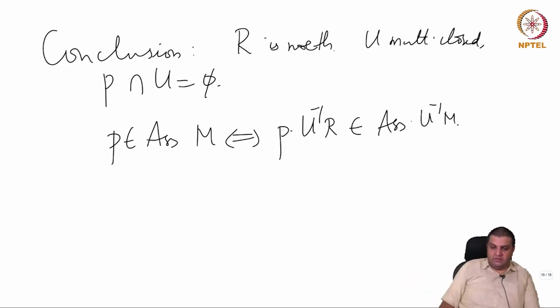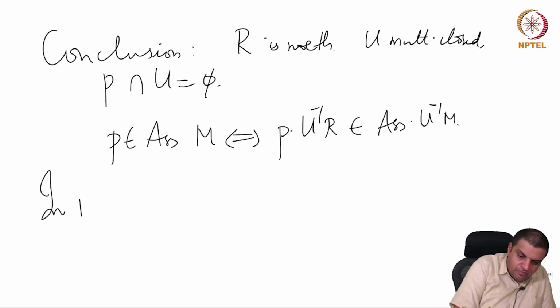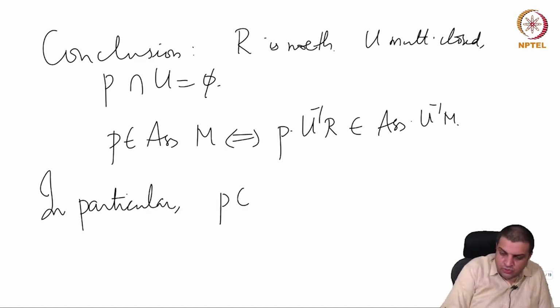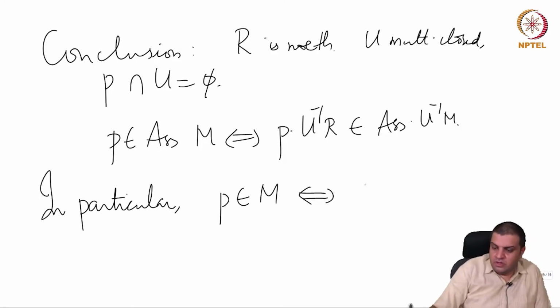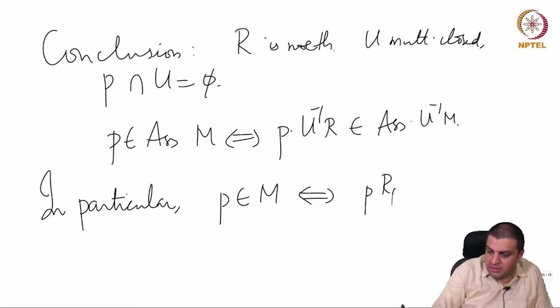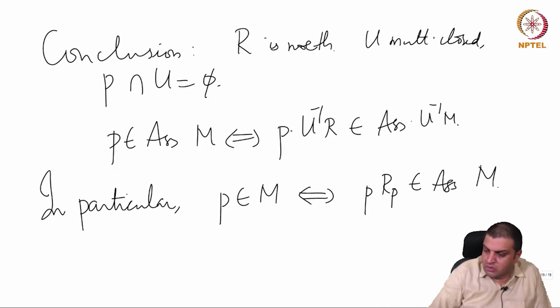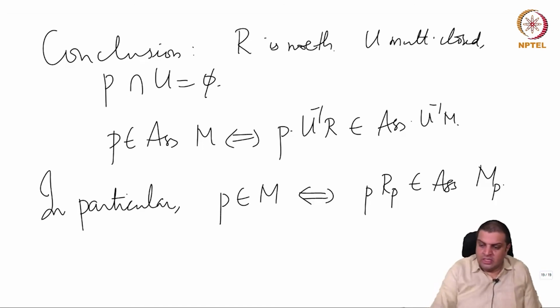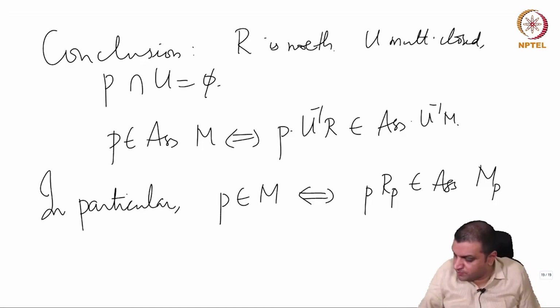Okay. If and only if this one. In particular, P is associated to M if and only if P R_P is associated to M localized at P. Okay. So this is what we would want to use.